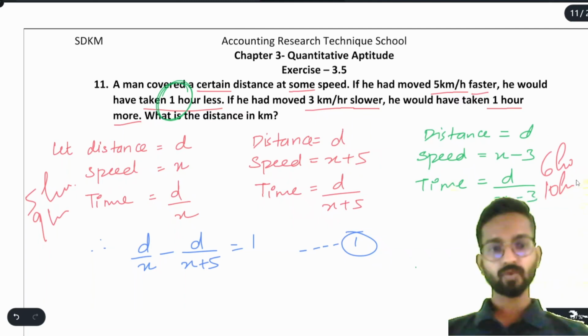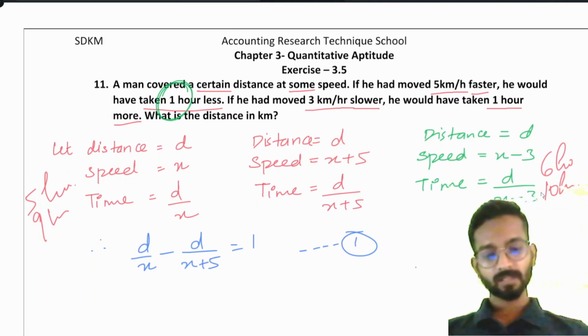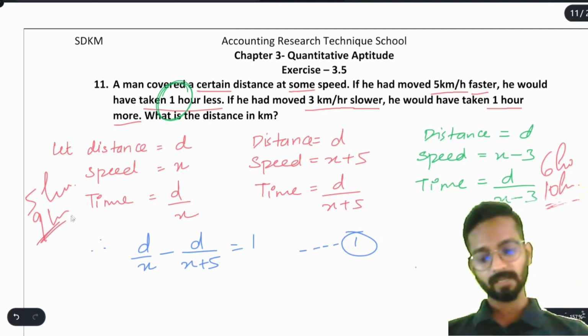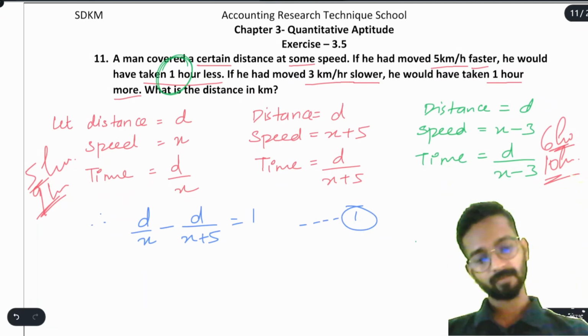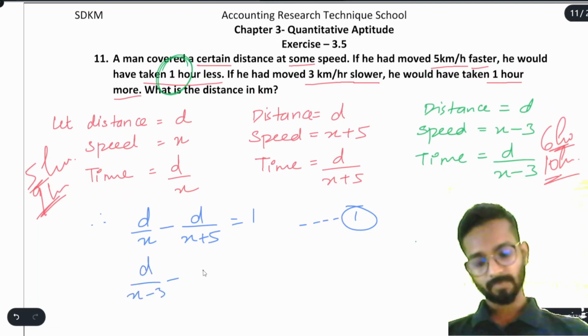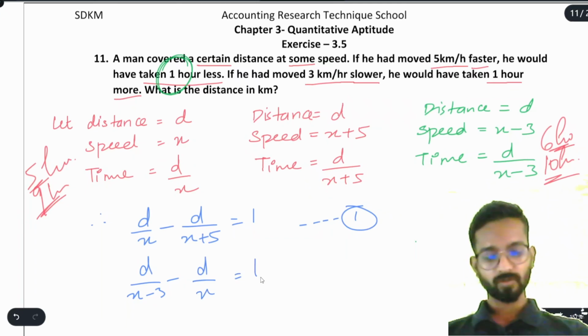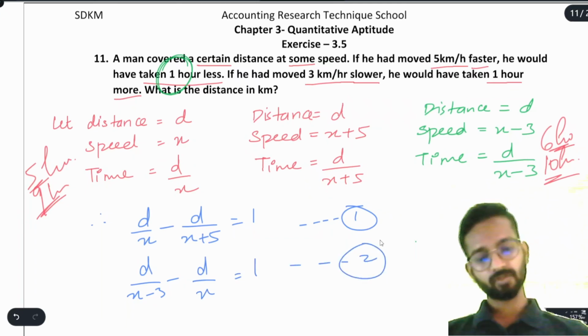Understood? It means 10 minus 9 will always be 1, and 6 minus 5 will always be 1. So your new equation will be d by x minus 3 minus d by x is equal to 1. This is your equation number 2.